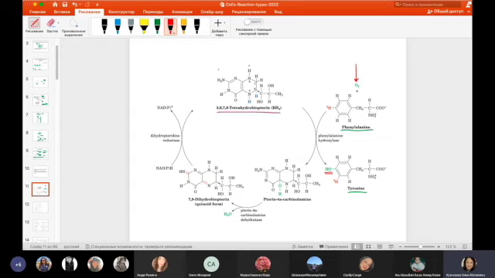tetrahydrobiopterin. Here you can see the structure of tetrahydrobiopterin and the positions of nitrogen and oxygen in the ring which participates in the formation of water. Firstly, the second oxygen is transferred to the pteridine ring.